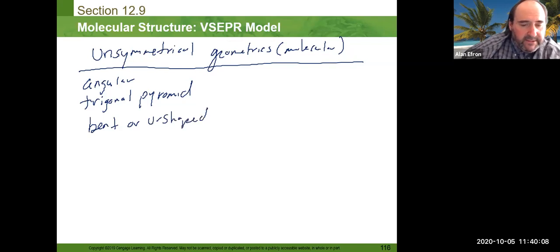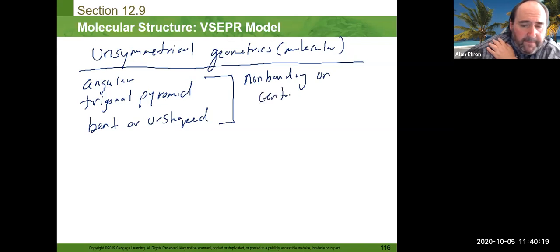And what all these have in common, if you draw the Lewis structure, is there are non-bonding electrons on the central atom. So you've got dots on your central atom.